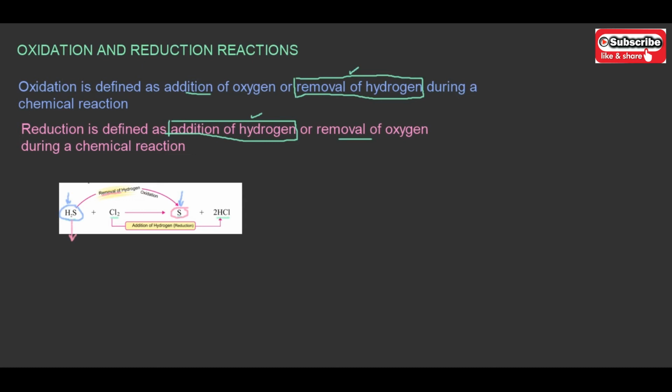In this case hydrogen sulfide has removed its hydrogen atoms. So the removal of hydrogen atom is known as oxidation. As you can see in the definition, in the first line I have written, oxidation is defined as addition of oxygen or removal of hydrogen. Removal of hydrogen, as you can see in case of hydrogen sulfide, when the hydrogen atoms bonded to sulfur are removed and the sulfur atom is now alone.